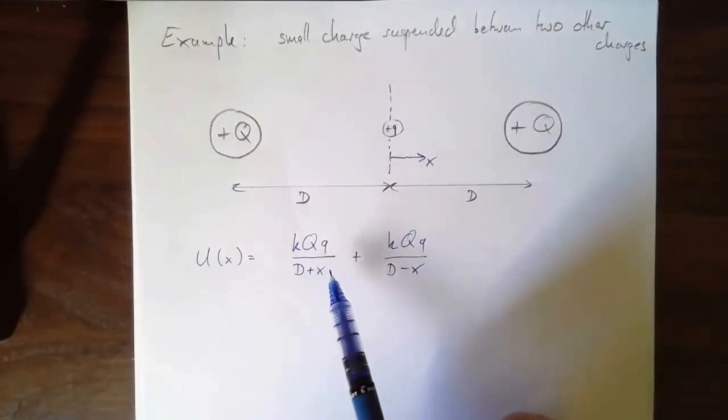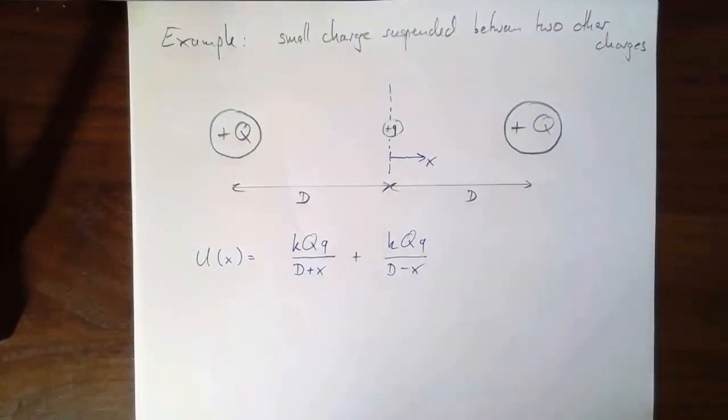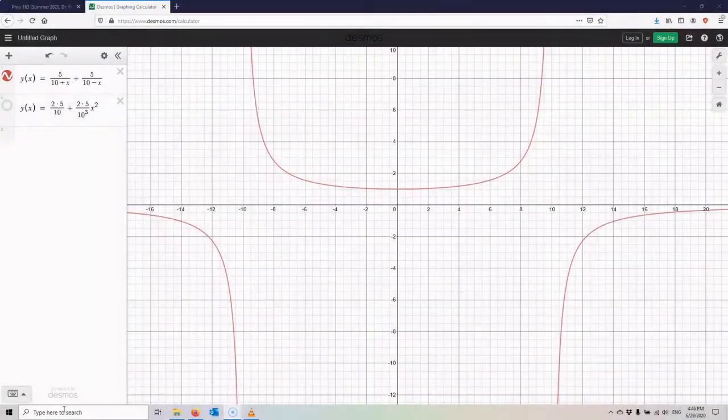So let me plot this on a graph for you. So I went to the Desmos Calculator and I inserted the function that I just showed you on paper. Now I had to choose some values, and I chose KQQ, so electric constant times little q times big Q to be equal to 5.